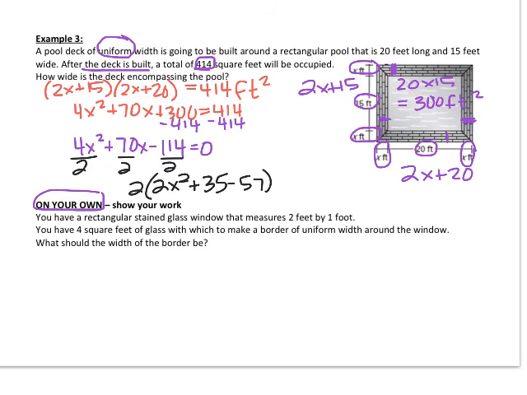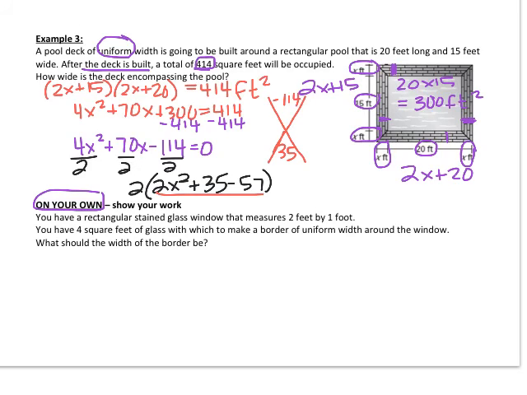So now I can use my x method to find out what are my two binomials, or how can I factor this polynomial. So negative 57 times 2 is negative 114. That goes at the top. 35 in the bottom. And I don't know this automatically, but I worked this out prior to starting this recording.